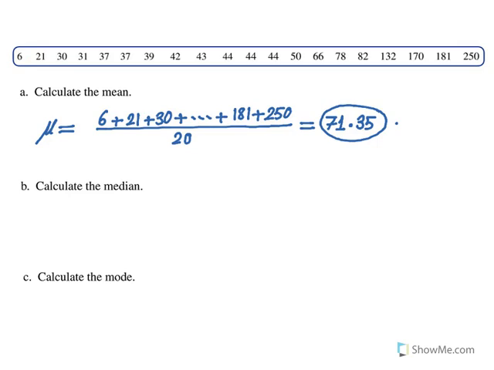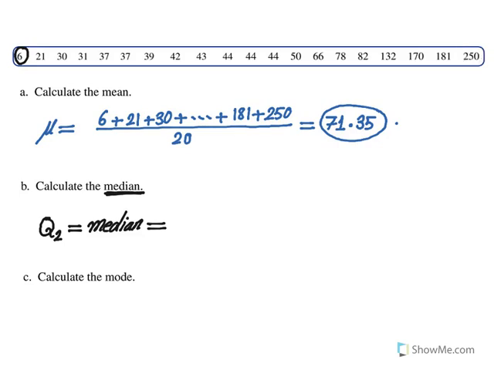Second one is the median. The median, we can write it either as median, or if you remember when you do quartiles, you can use Q2 for the median. Q2 equals the median, which is the value that is in the middle of all the values. So we have 20 values, starting at 6, ending at 250.